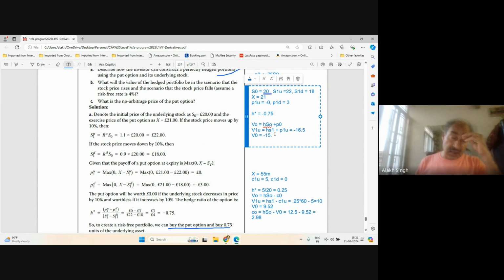So it will not be 1.04, it will be 1.04 to the power half. That is what you will have to do. It will be something 16 point something.